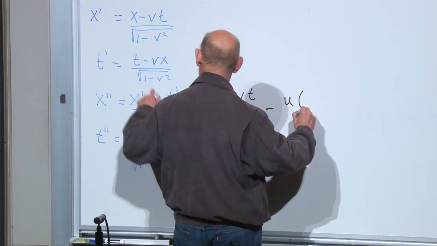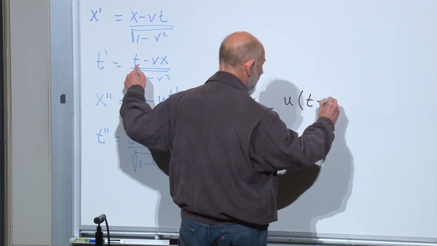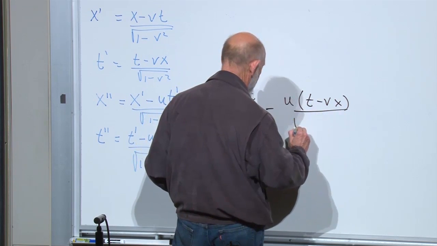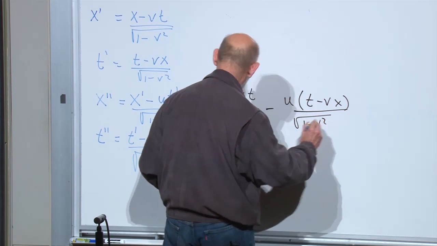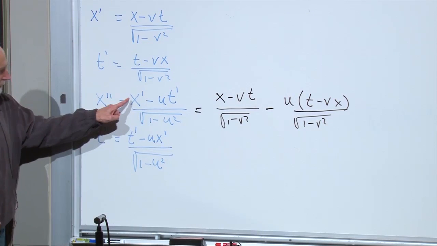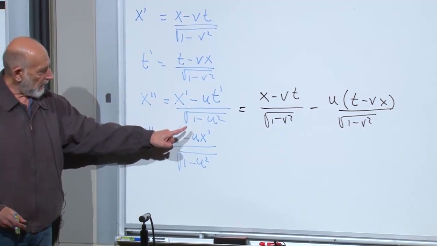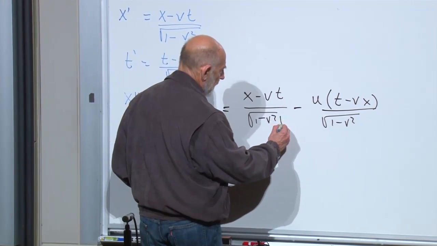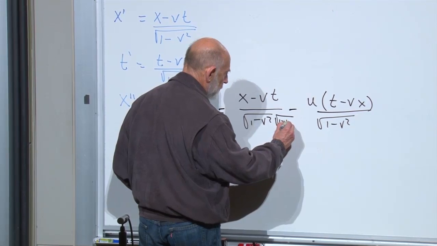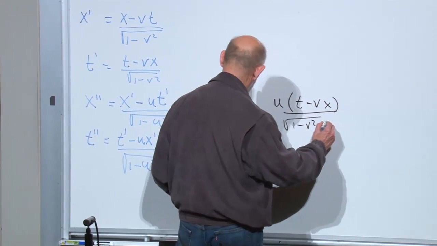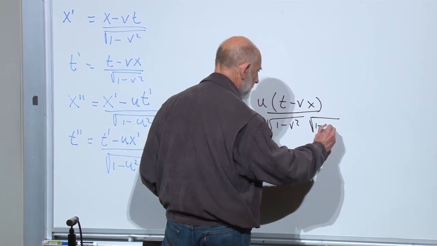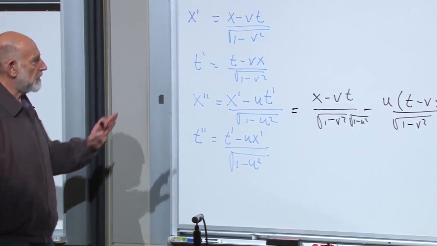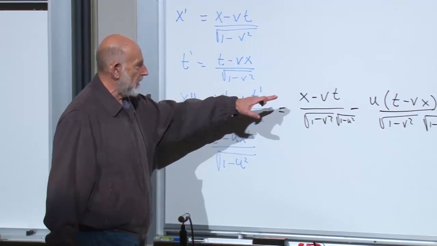T prime is t minus vx, and the whole thing again divided by another square root of 1 minus v squared. Now so far I have only written this and this. I have to put in the denominator. To put in the denominator, I just put in another factor of square root of 1 minus u squared. So that is the relationship between x double prime and x.